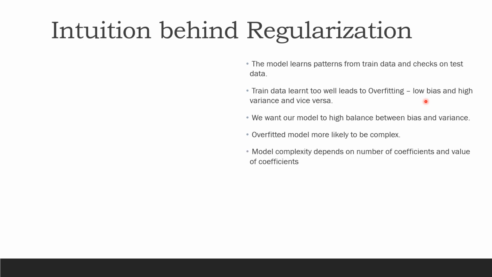The model complexity will depend on the number of coefficients. If we have, say, 100 independent variables and one dependent variable whose value we need to determine from them, the model will be complex if we use all the coefficients, all the features, in making that prediction.